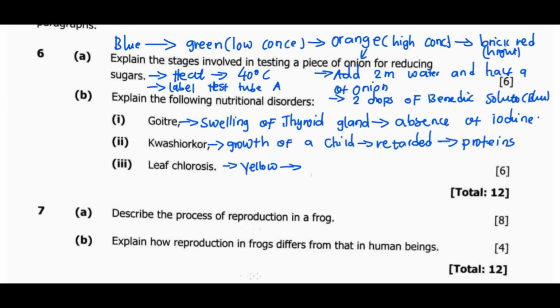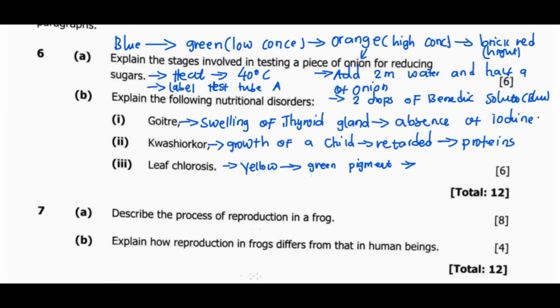So this is also a condition where there is insufficient chlorophyll, so there is no green pigment.